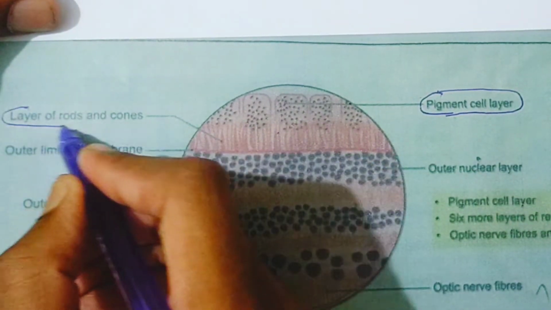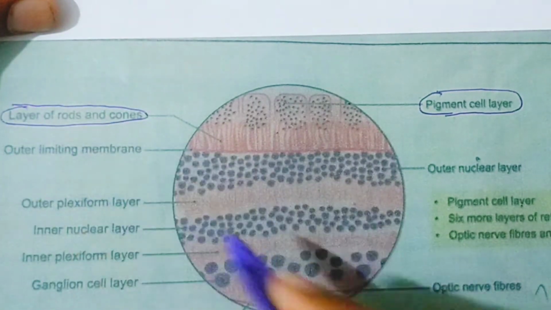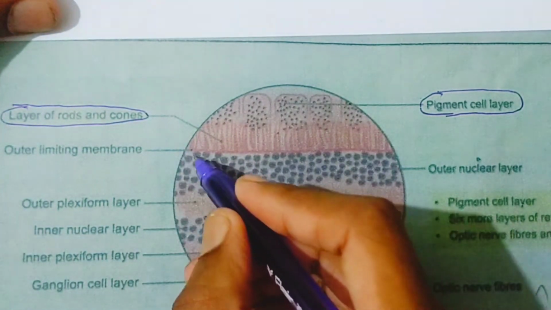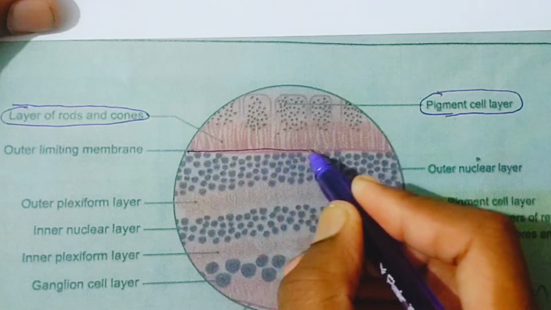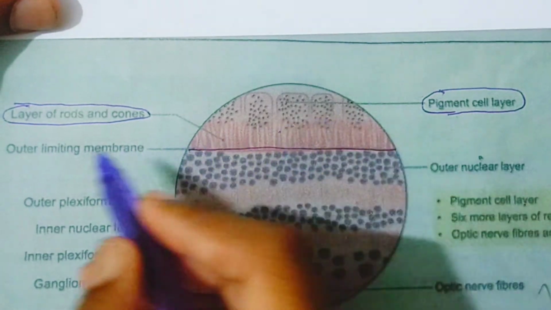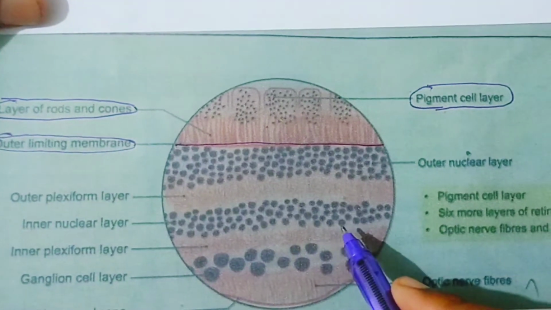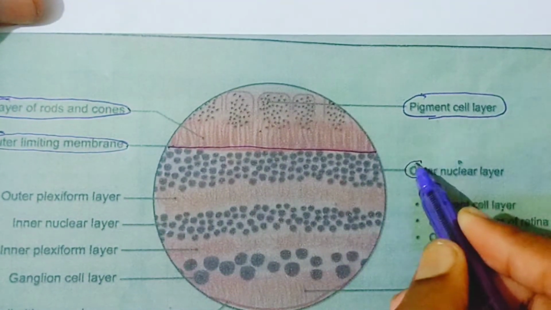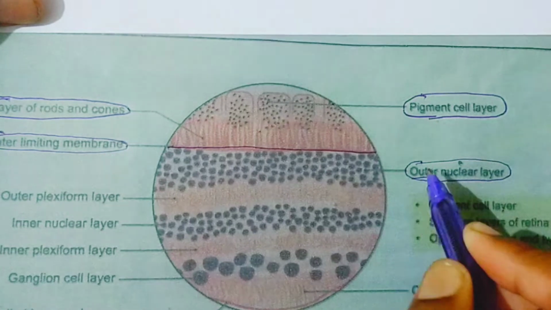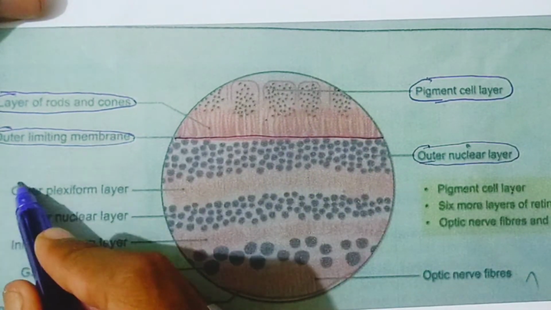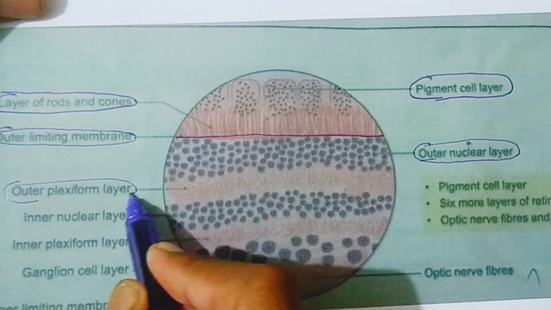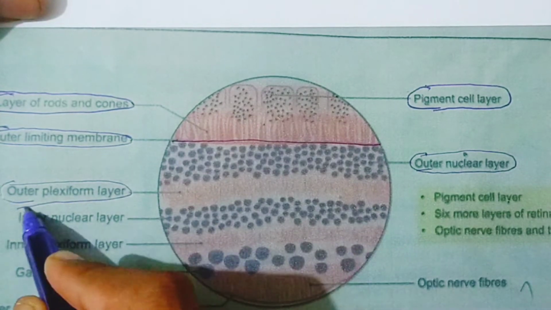You can see here, this is the layer of rods and cones, and there is an outer limiting membrane. This is the third layer, and the outer nuclear layer, and this is the fourth layer. It's the outer plexiform layer. This is the fifth layer, and the inner nuclear layer.